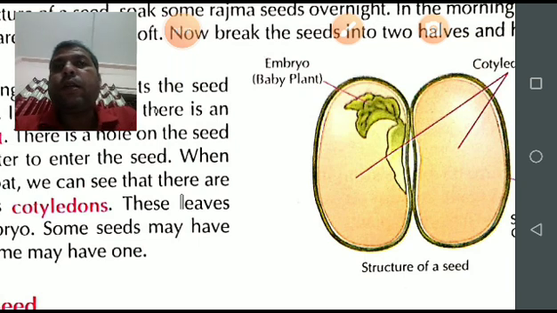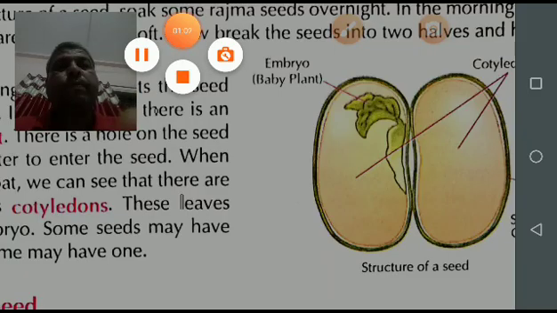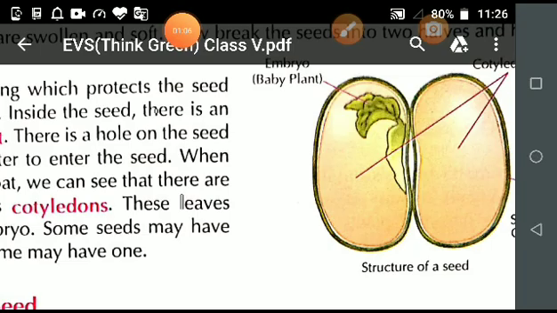Now student, what is embryo? The part of a seed which develops into a new plant at the time of germination is known as embryo. And what is the seed coat?